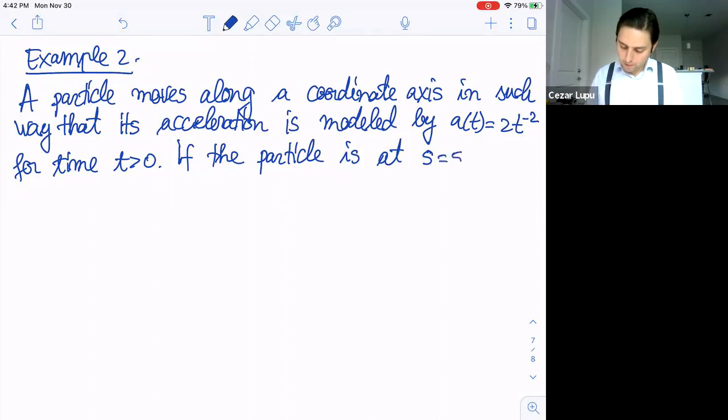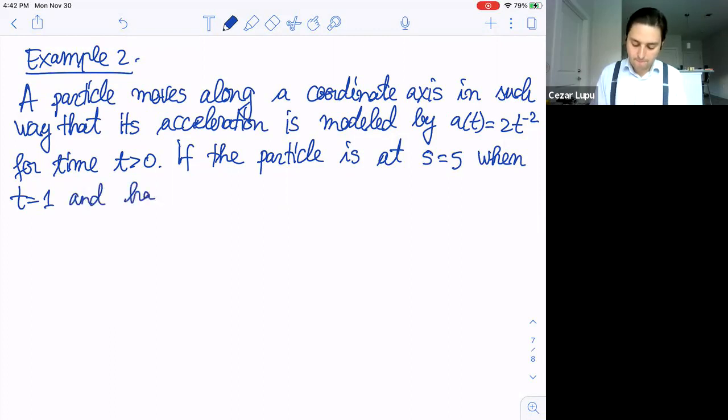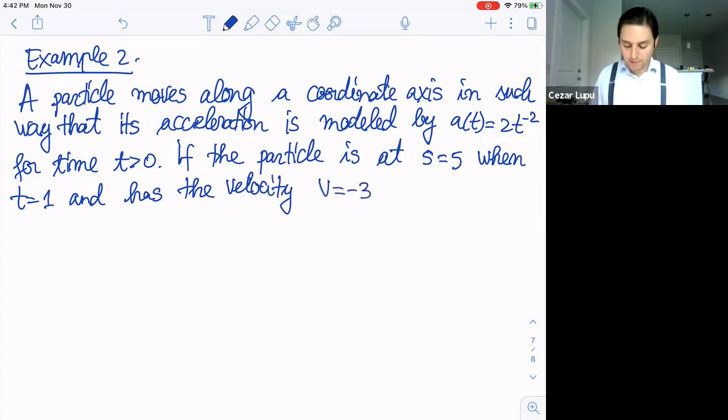Okay, at s equals 5, when t equals 1, right? And has the velocity, let's say v equals -3 at this time.